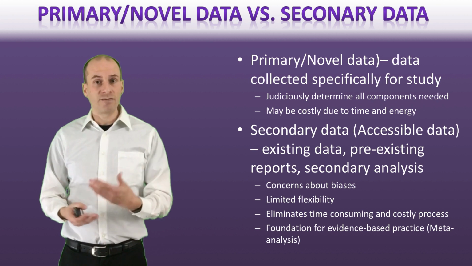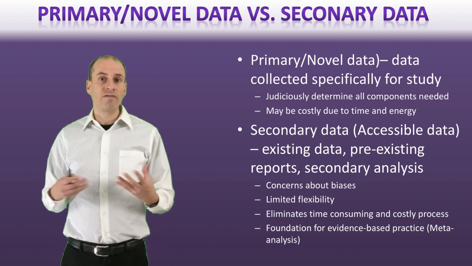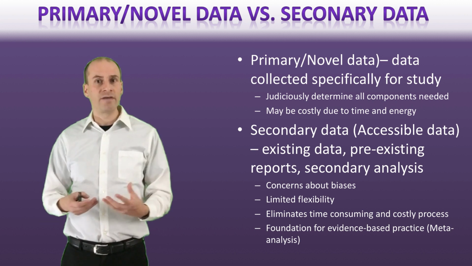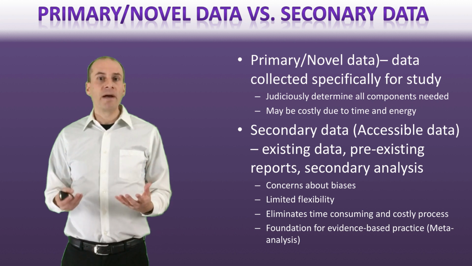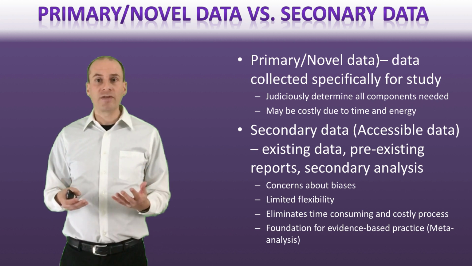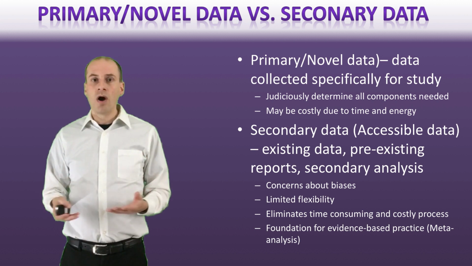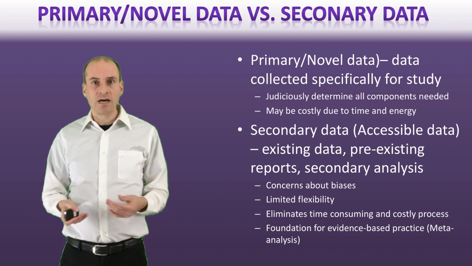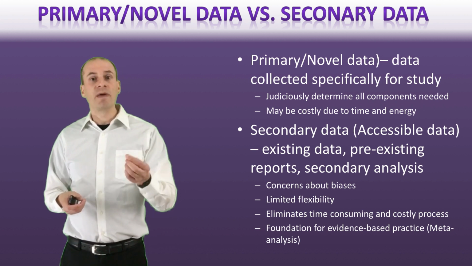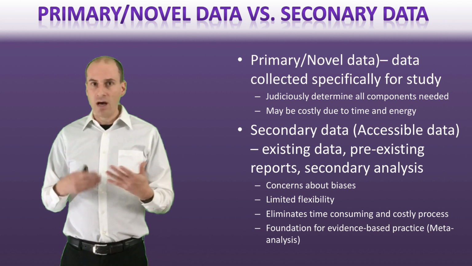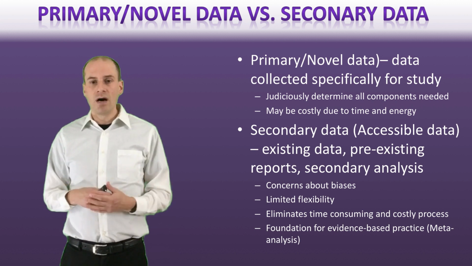There might be biases among the people who collected the data that you don't know about in terms of how they did it. You have less control as a researcher over the quality of that data collection. So, for example, if you're looking at medical records, it's been shown that very often, instead of asking for self-identified race, people will just make assumptions about what someone's race is without actually talking to them about that.